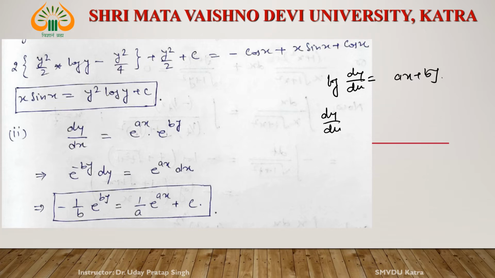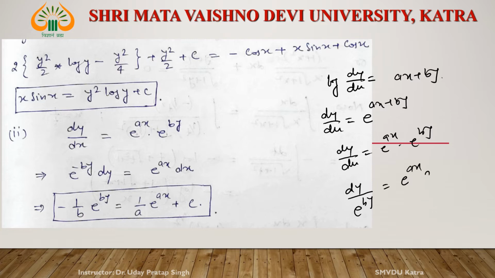Now dy by dx is equal to e to the power ax plus by, and this can be written as dy by dx equal to e to the power ax into e to the power by. Now the variables are separable: dy by e to the power by equals e to the power ax dx. Now integrate it, add the constant of integration and solve it. You find the solution of the differential equation.